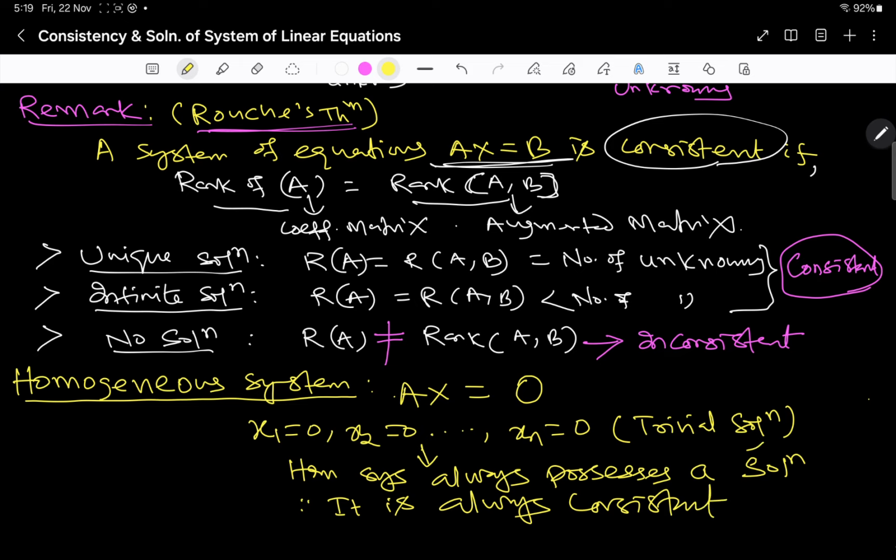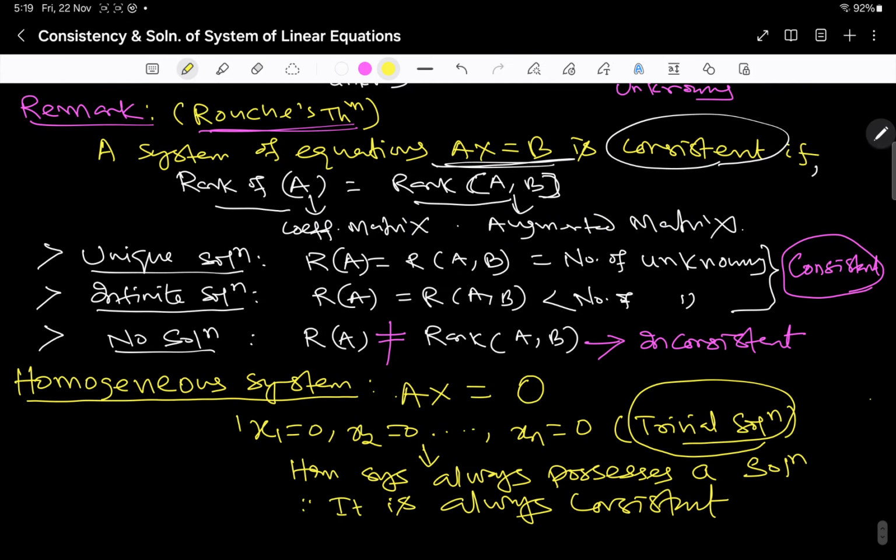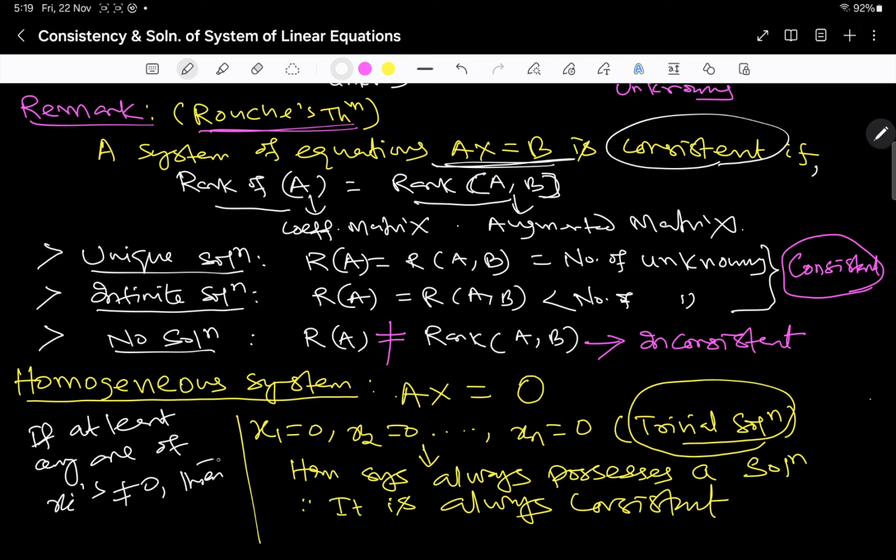Now the question is, apart from the trivial solution, is there any other solution? If at least any one of the xi's, x1, x2, xn, is not equal to 0, then the solution is non-trivial.